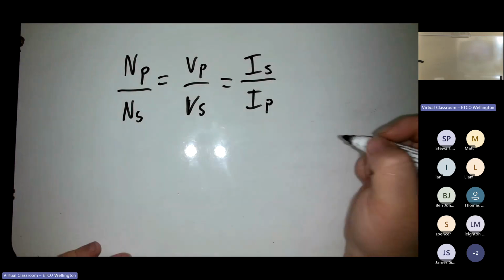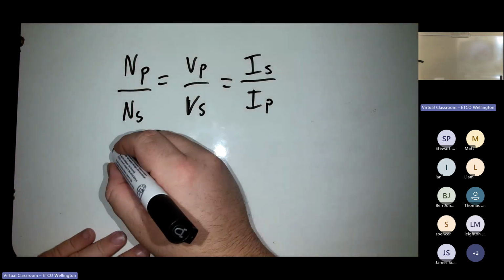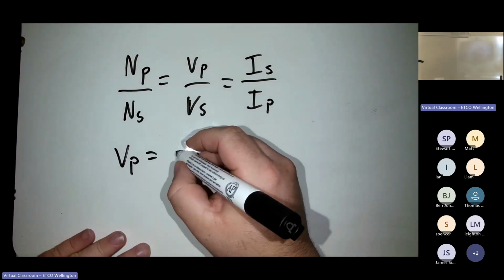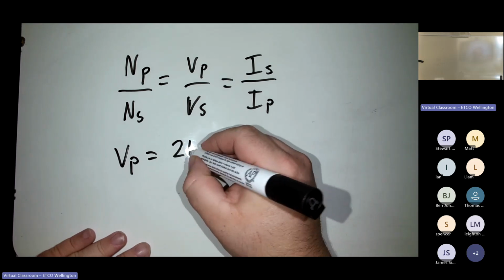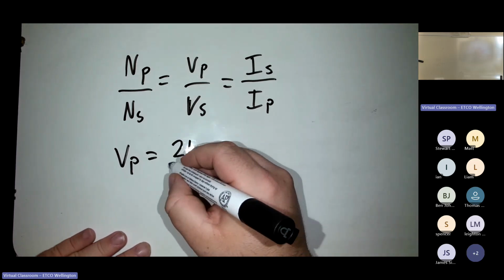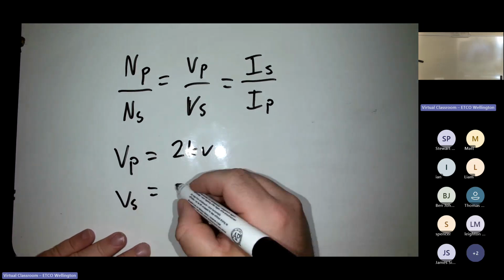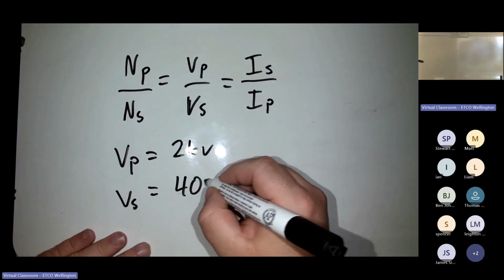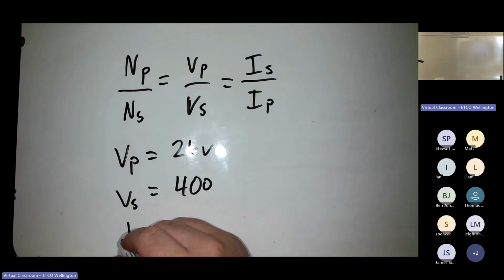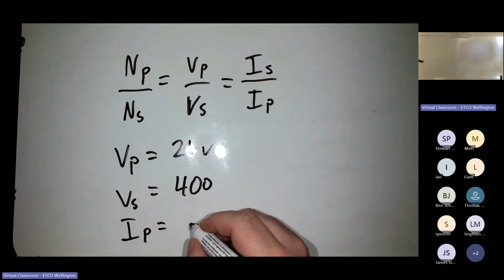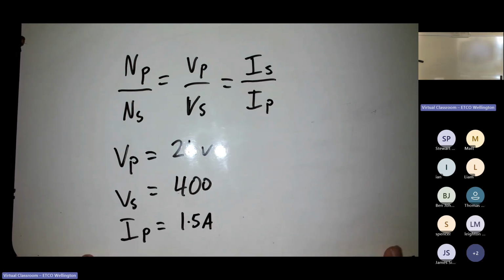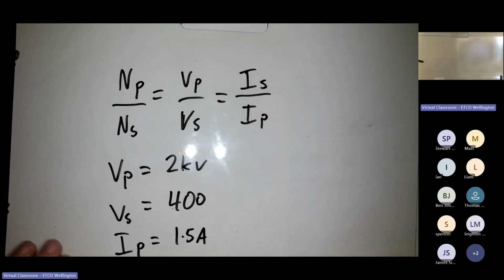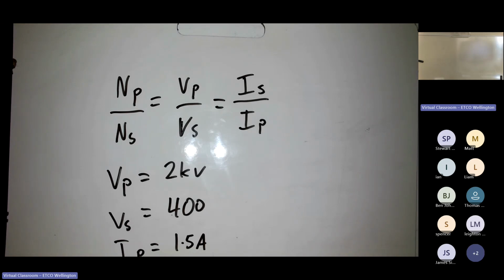So we know the voltage primary. So VP equals, let's go with 2 kV. VS equals 400. And we know that I primary is 1.5 amps. Cool.